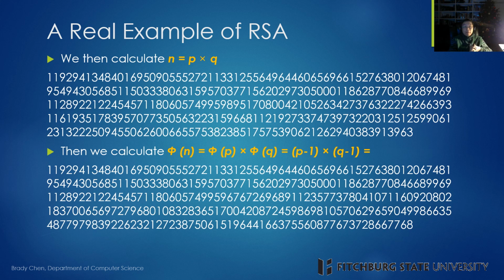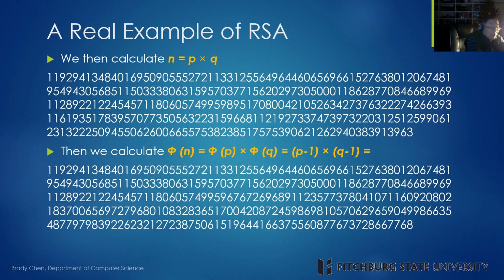Okay, in the previous slide, I displayed the two prime numbers, P and Q. Does everyone remember what is the value of P? What is the value of Q? I can't. These P and Q are huge numbers.